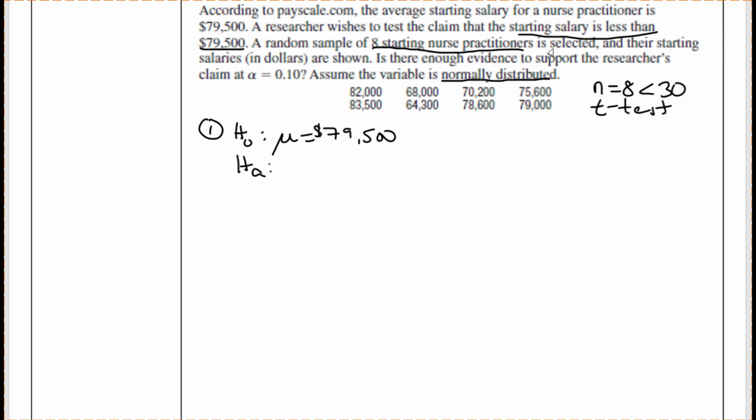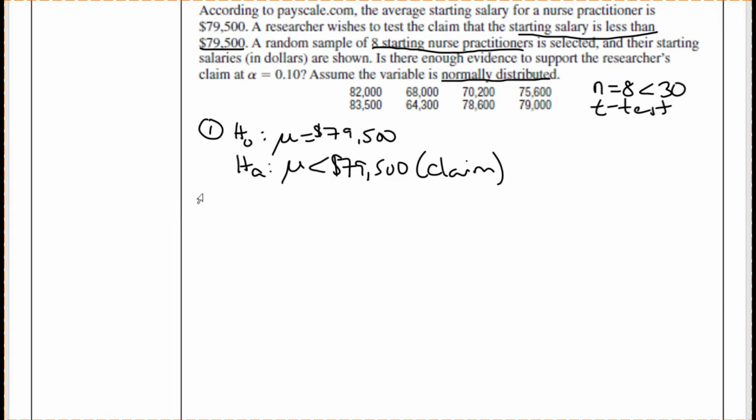So the researcher wants to test that claim. Therefore, our claim is that it is less than $79,500. So in this case, our alternative is our claim. Remember that this is alternative because this does not have an equal sign, whereas H0 has the equal sign, okay?